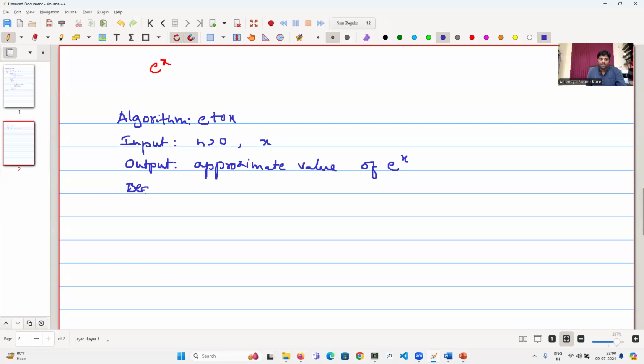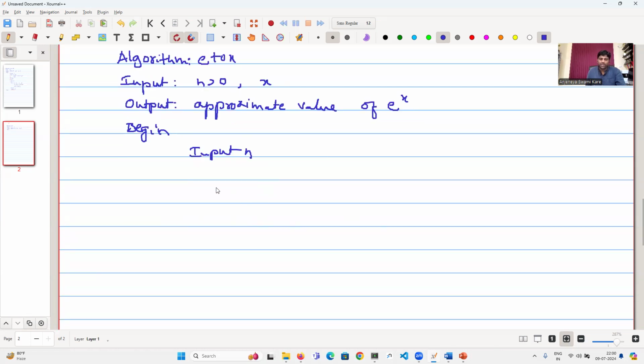Begin. Input n, and we should do input validation. If n is less than or equal to 0, then output invalid input and stop.